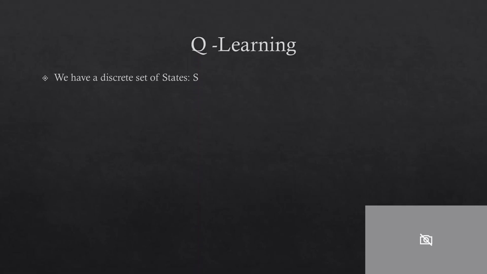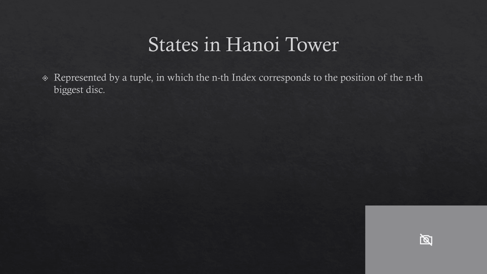Getting into Q-learning, again, we have a set of states as in every reinforcement learning problem. Here it's going to be a discrete set of states, and they are represented by a tuple in which the nth index corresponds to the position of the nth biggest disk. Again, this might sound a little blurry, but no worries.